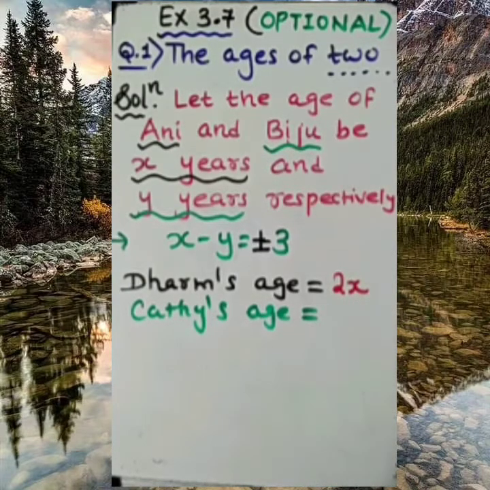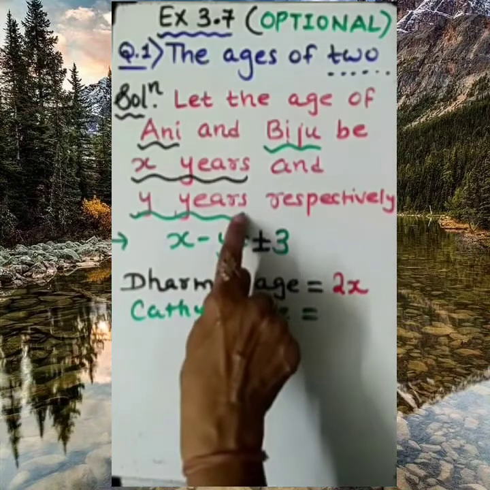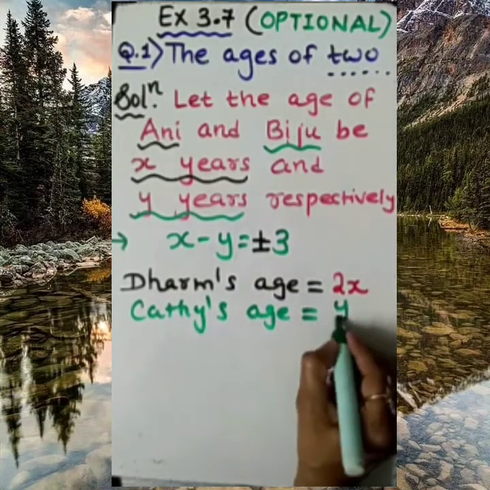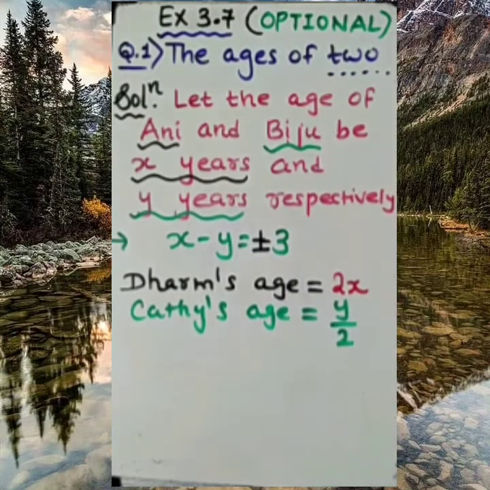We are given, I am reading the sentence: Biju, whose age is y years, is twice as old as his sister Kathy. Fine. So it indicates that Kathy's age will be half of Biju's age.